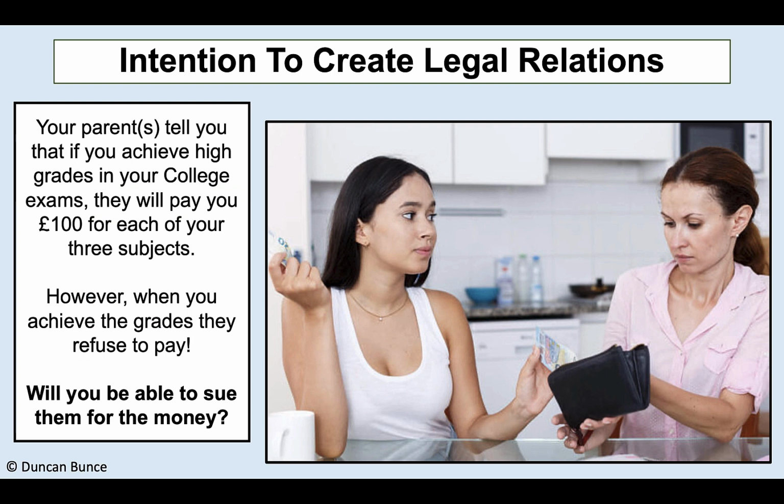So now we reach the last part of the essential elements of a contract in English law, and the last, as I see, is intention to create legal relations. What I like to ask my students at this point, because I remember this back at school, is that some parents try to be particularly supportive of their children as they're about to sit GCSE exams, as we call them here.